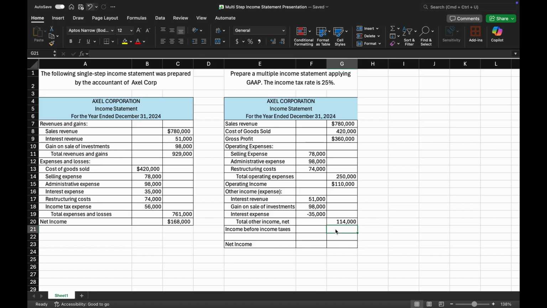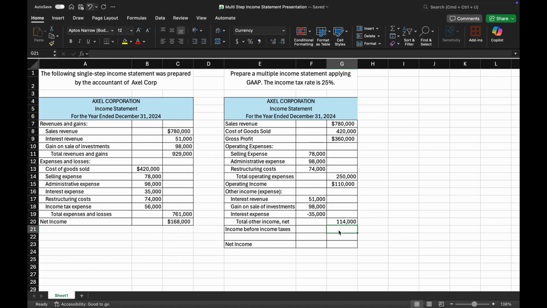Now we need to find income before income taxes, and to do that we must add operating income to total other income. So for us that's just $110,000 plus $114,000, which gives us an income before income taxes of $224,000.